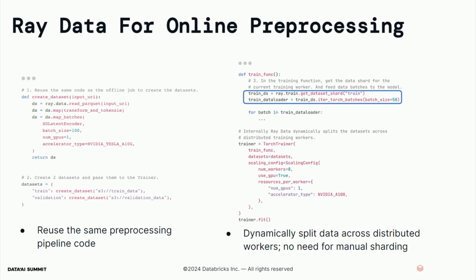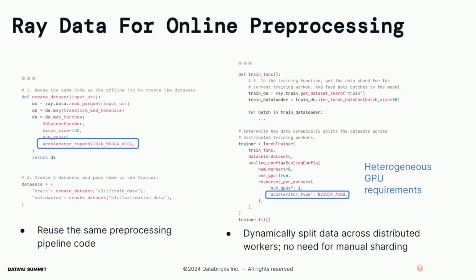Then in your training function, you can simply use this API to get the shard that is assigned to this training worker, iterate the data and feed the data into your model as you normally do with your torch data loader. Also, it's worth mentioning that in terms of the heterogeneous resource requirements, besides supporting CPU and GPU, Ray Data can also support different types of GPU.